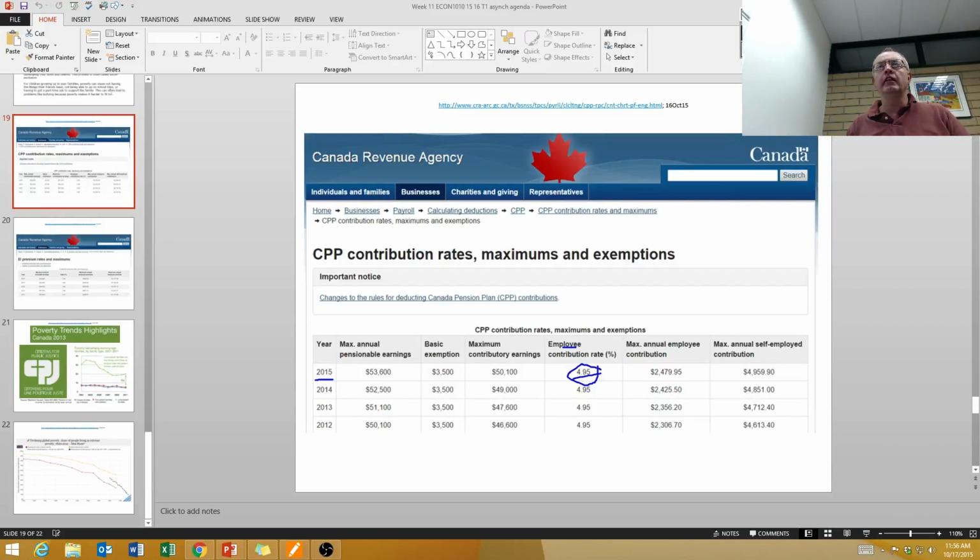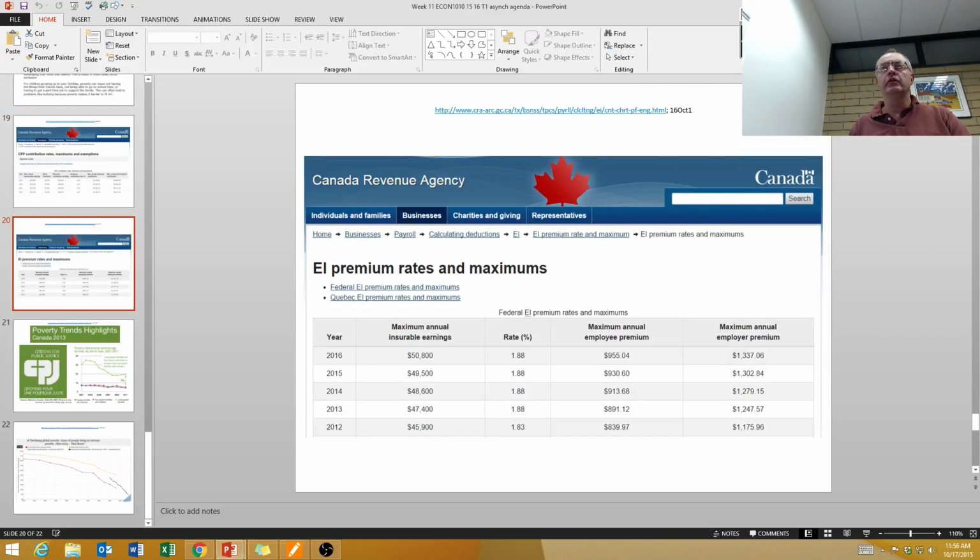Okay, the next federal program aimed at alleviating or addressing poverty in Canada is EI. EI is also a transfer payment. Again, in Canada, both the employer and the employee contribute to EI.